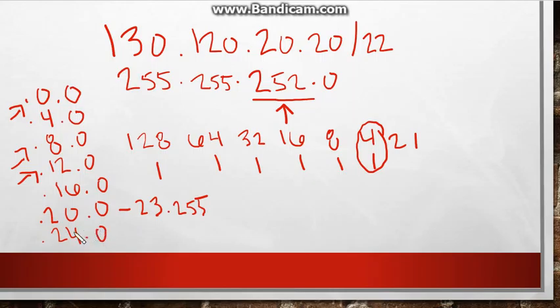You see that? So now 20.0 is the network ID, and 23.255 is going to be the broadcast IP. And that's it. It just so happened that 20.20 fits in this subnet right here.